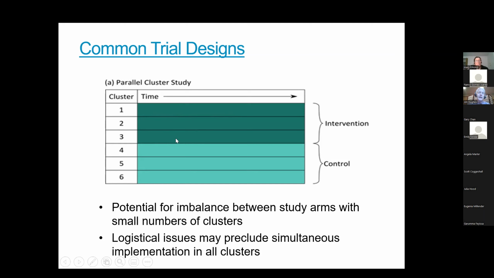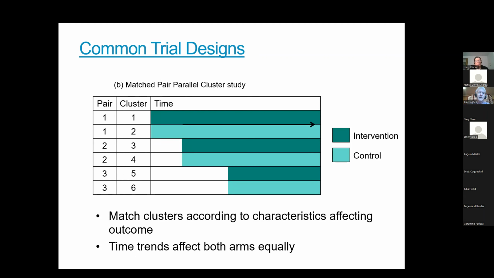So to deal with that, I would say the most common cluster randomized trial design is a variant on this, which is a matched pair parallel cluster design. And it's very similar to the parallel design, except that you first match the clusters according to some key criteria that you think might influence the outcome.